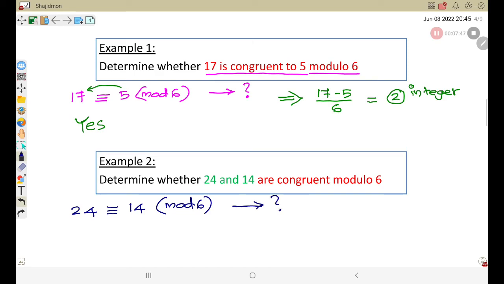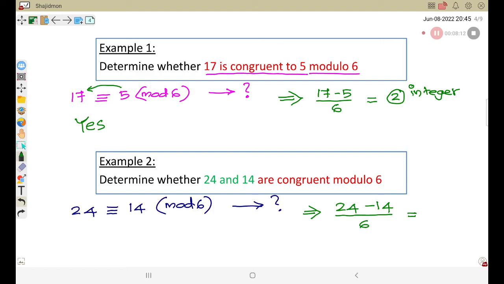So like before, we subtract 24 minus 14 divided by 6, a minus b divided by m. You can check on the calculator. Obviously it is not an integer, so it is not congruent.